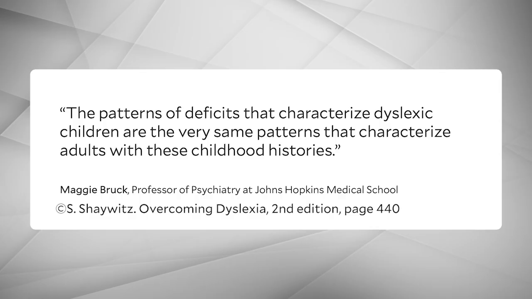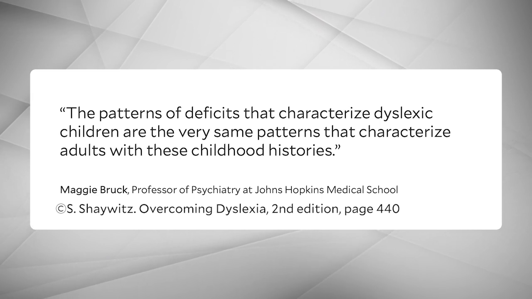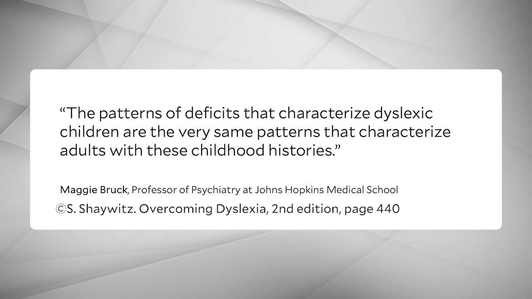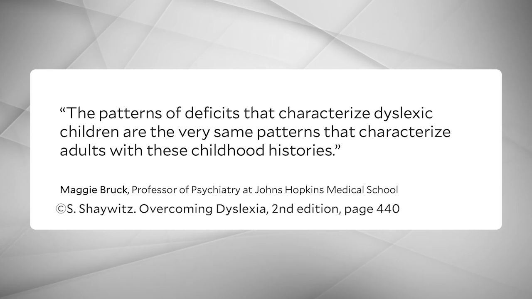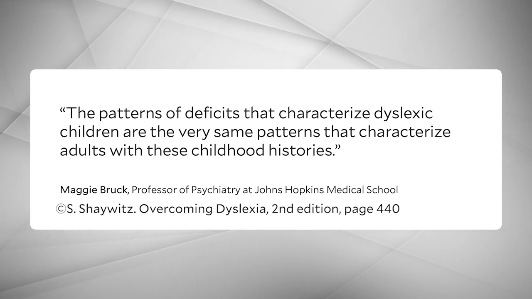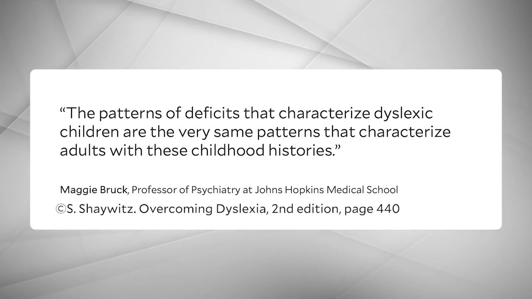Important, too, is to keep in mind that they are consonant with the clinical observations of Maggie Brooke, currently a professor of psychiatry at Johns Hopkins Medical School, who noted, quote, "The patterns of deficits that characterize dyslexic children are the very same patterns that characterize adults with the same childhood histories."